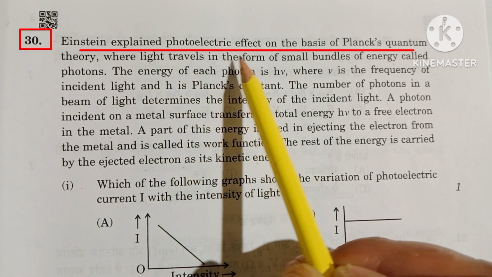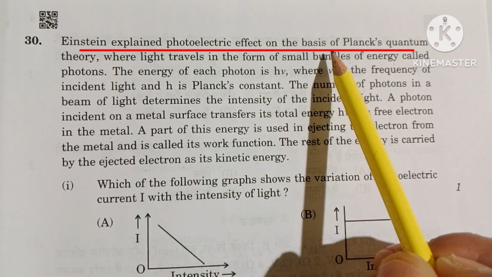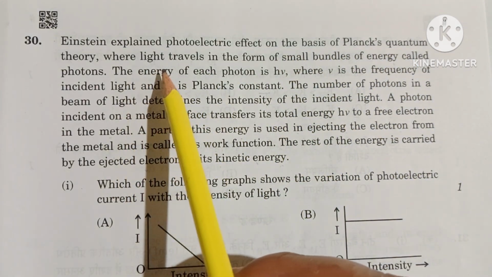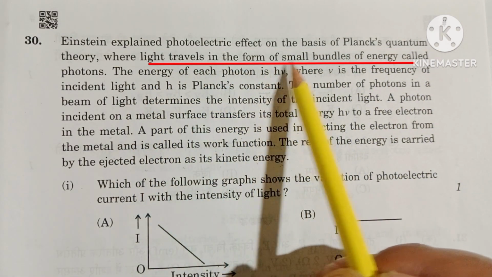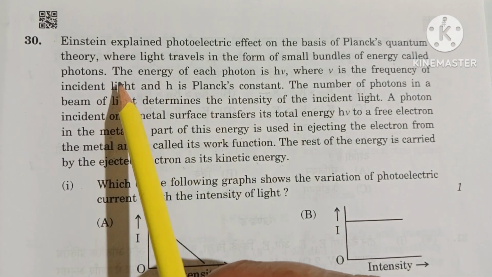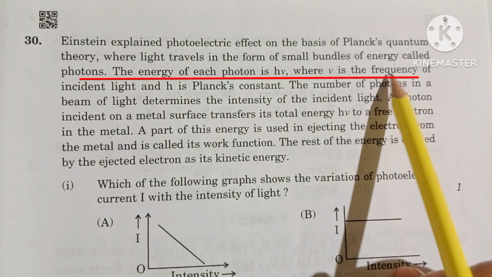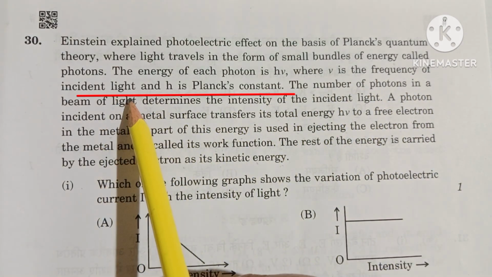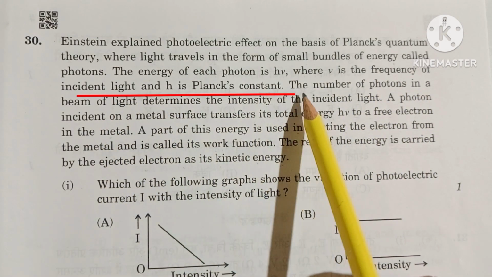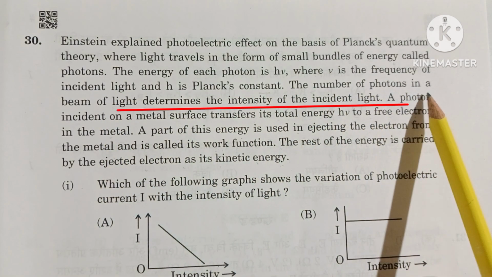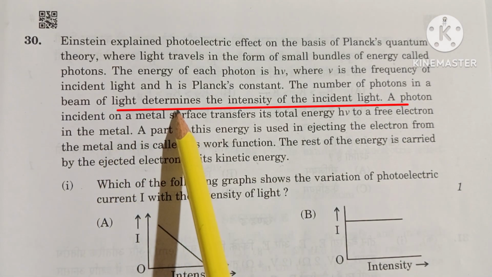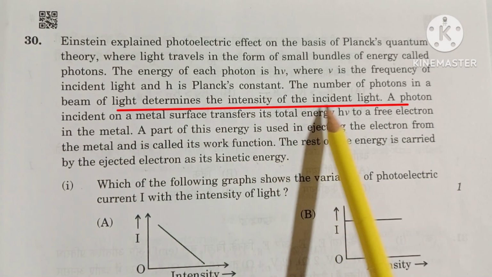Einstein explained the photoelectric effect on the basis of Planck's quantum theory, where light travels in the form of small bundles of energy called photons. The energy of each photon is h nu, where nu is the frequency of incident light and h is the Planck constant. The number of photons in a beam of light determines the intensity of incident light.